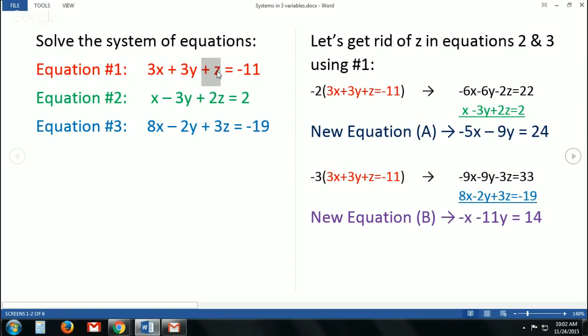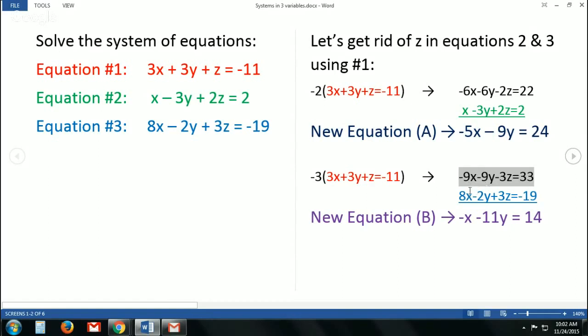You would multiply it by negative 3. So let's take all of equation number 1 and let's multiply it all by negative 3 so that we can create the opposite that we wanted to create. Negative 3 times everybody gives me this equivalent equation, but with a minus 3z back here like we wanted.